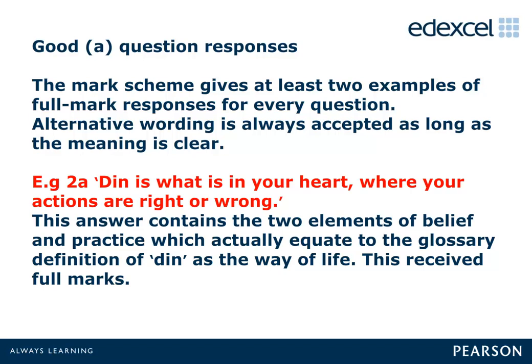On pages 125 and 126 of the specification, you will find each key word with its definition. Each A item is worth 2 marks, and in the mark scheme, there are at least 2 full-mark definitions which correspond to the glossary, and also 1 partially correct answer.